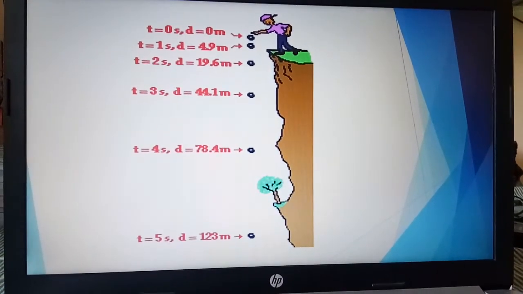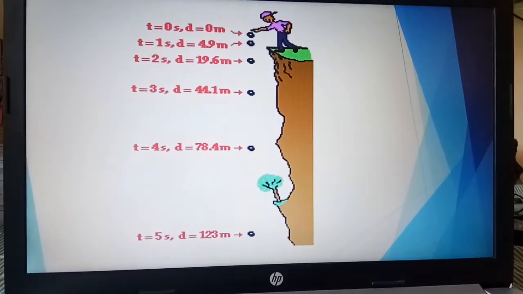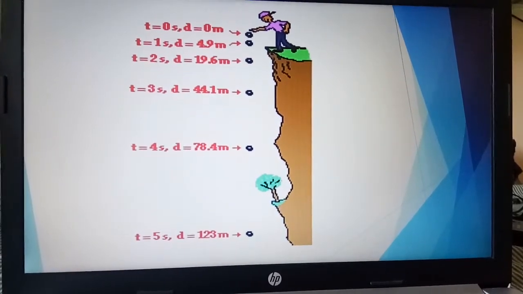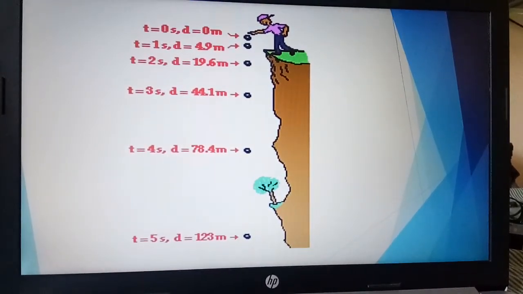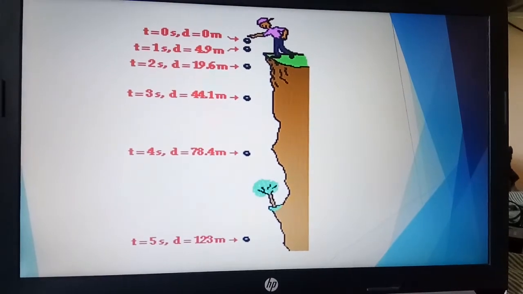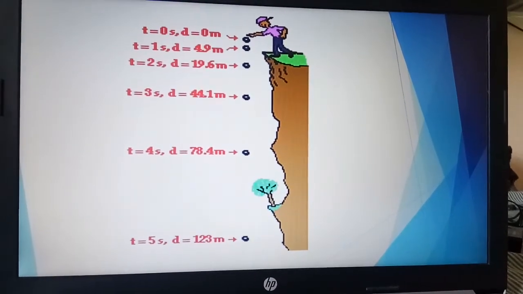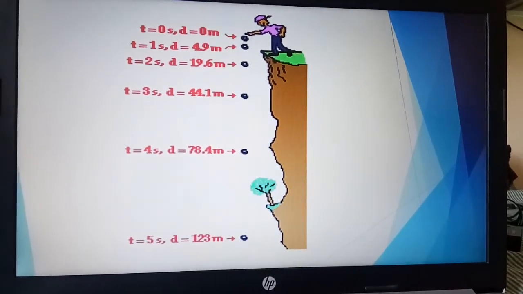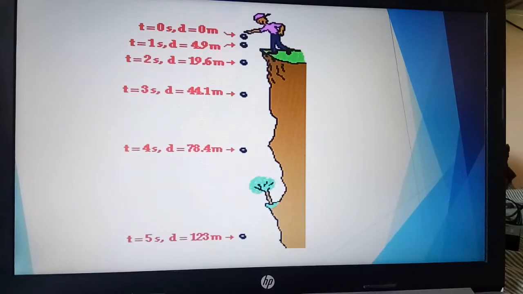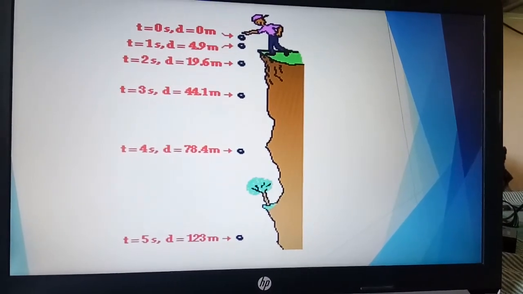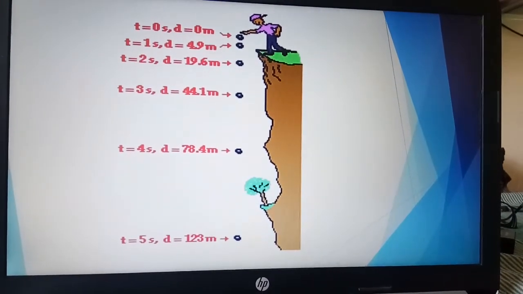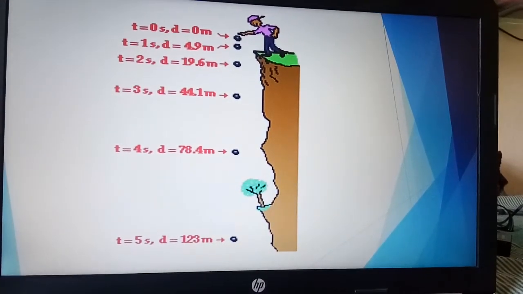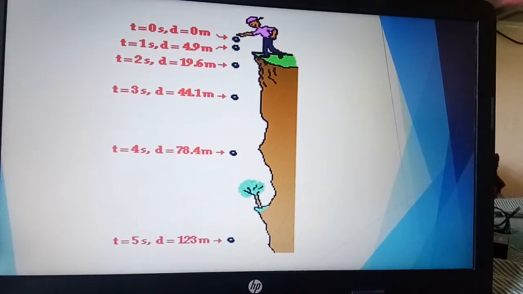So here there is an interesting calculation. Between 0 to 1 second, the distance covered is 5 meter. Between 1 to 2 second, the distance covered is 20 minus 5, that is 15 meter. Between 2 to 3, 45 minus 20, it is covering 25 meter.